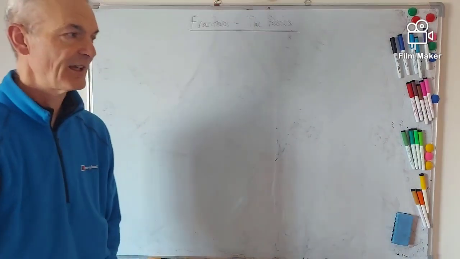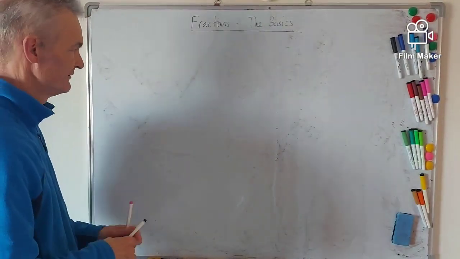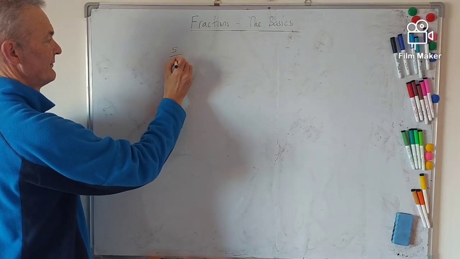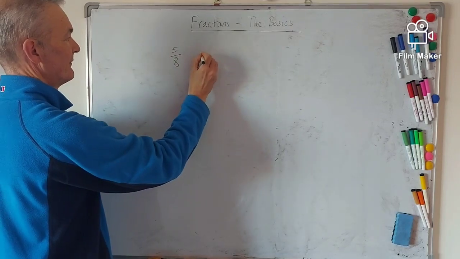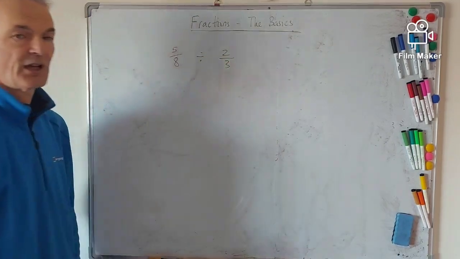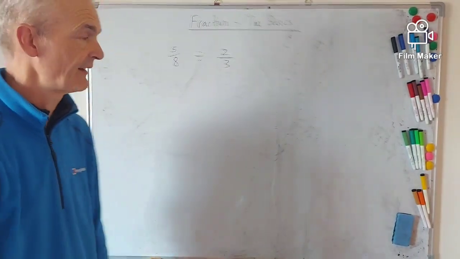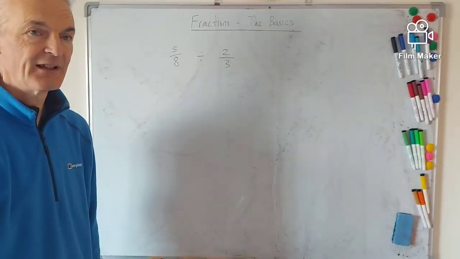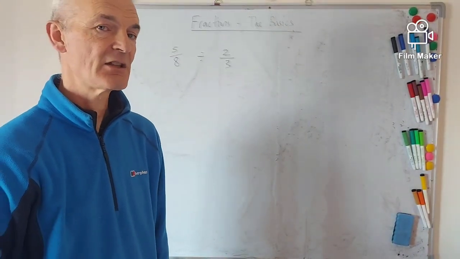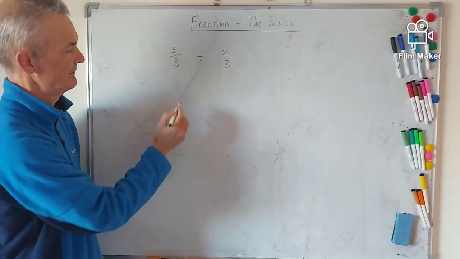And the last one I'm going to look at is division. So what if you have a division here? Well, we resort to a bit of trickery with this, a little method I've heard used before. It's just called keep, change, flip. So we keep this one the same.